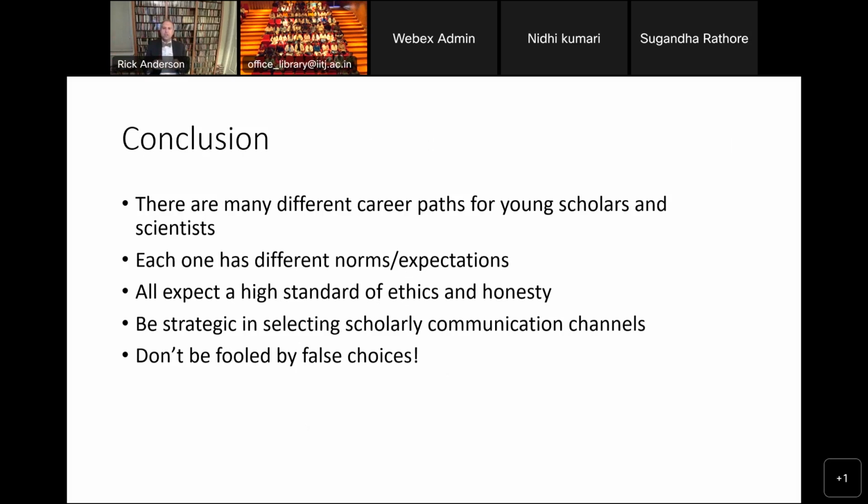You have options, and sometimes people will try to tell you that there's only one right way to do scholarly communication, and it's just not true. There's just a whole world of opportunities available to us in this realm, and more of them are going to become available as time goes on.